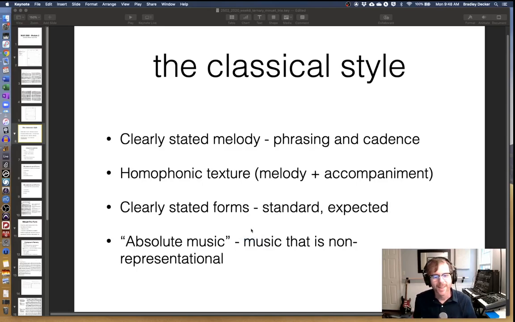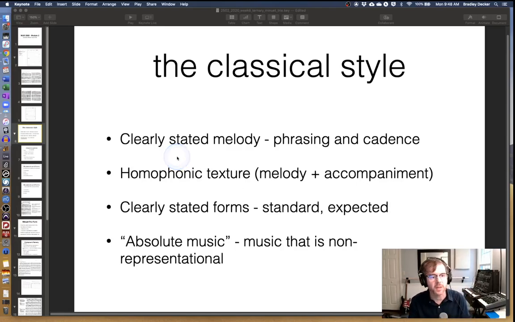Absolute music is music that is non-representational, meaning that it's not necessarily about anything. There's not a story behind this music, not necessarily a narrative, but underneath it all, it's really more about the structure holding it up, the phrase structure and things like that.